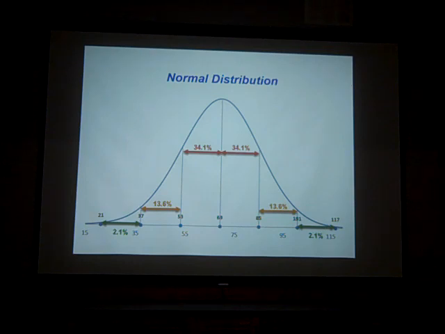If we go one standard deviation below, we've also covered 34.1% of the population. If we look at the mean plus or minus 2 standard deviations, we've covered over 96% of that population. Now, the thing that's exciting about the normal distribution is that nearly every natural phenomenon can be described by this distribution.